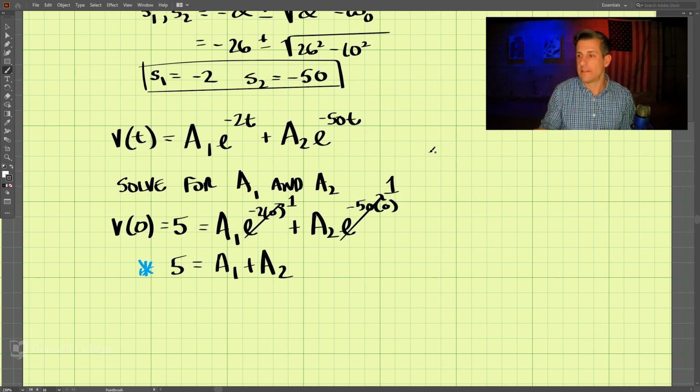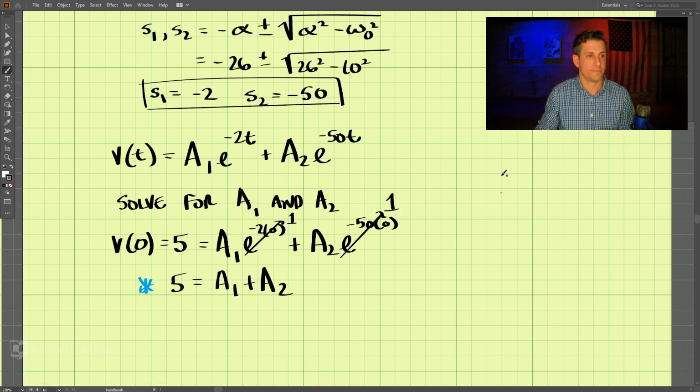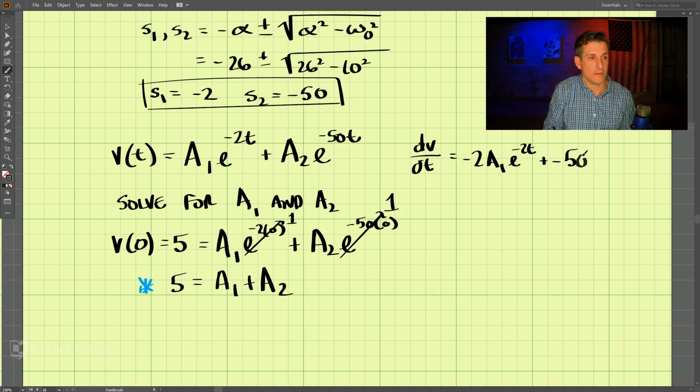So dV/dt is equal to negative 2 times A1 times e to the negative 2t plus negative 50 A2 e to the negative 50 times t. Okay.